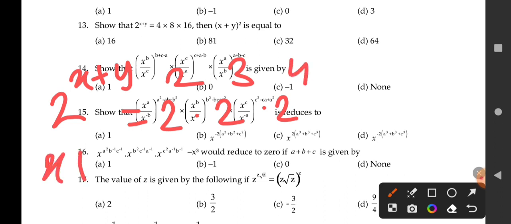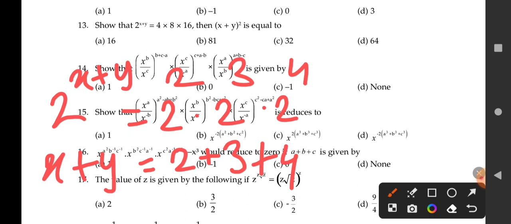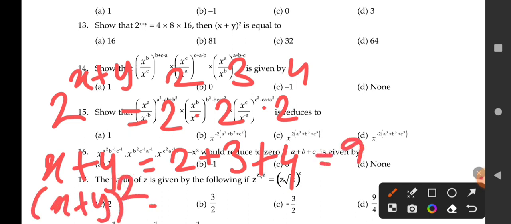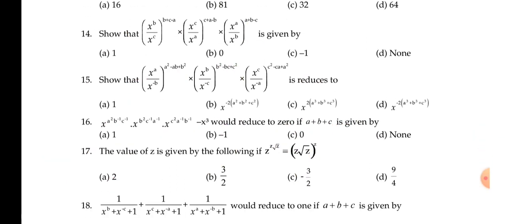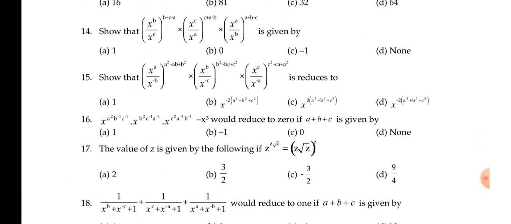So we have x plus y is equal to 2 plus 3 plus 4. This is not multiplication, addition. So x plus y is equal to 9. So x plus y whole square is equal to 9 square, which is 81. Option number B.